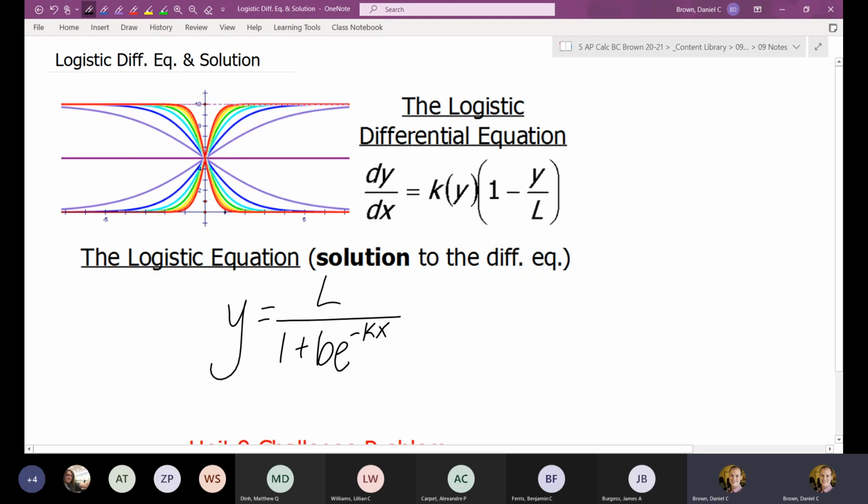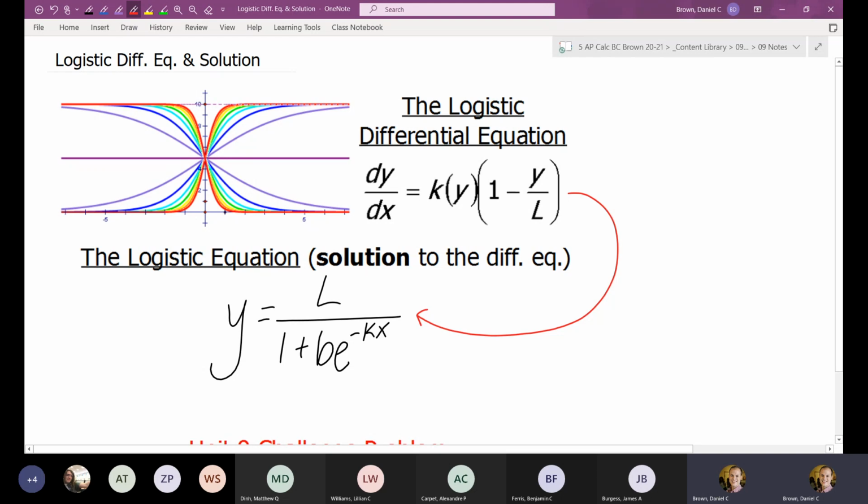Memorize that and it will save you a whole lot of time. So basically what we're going to be looking at today is two things. How we interpret both this equation and this logistic equation, and then also how we move from this differential equation to that logistic equation. And again, we're going to memorize and jump straight to that y.